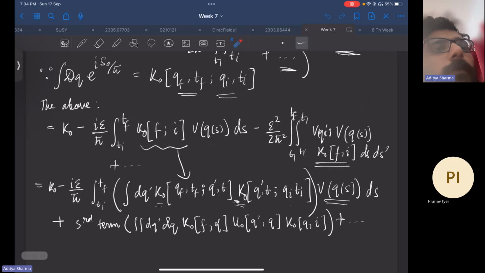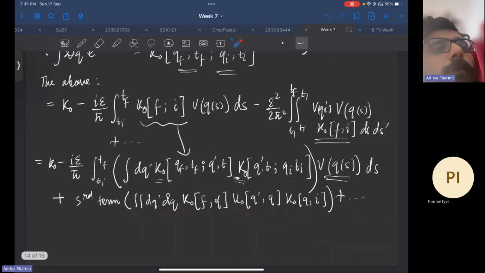Now I use the property of the kernel to break the kernel into two kernels, with the integration over the internal point. My internal point is q prime, at time t, between qi ti and qf tf, dq. Similarly, I have done it for the third term also, like this, plus dot dot dot.